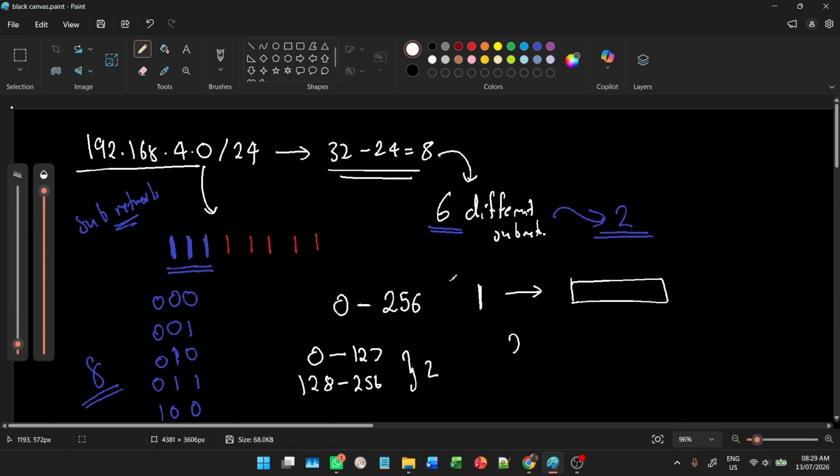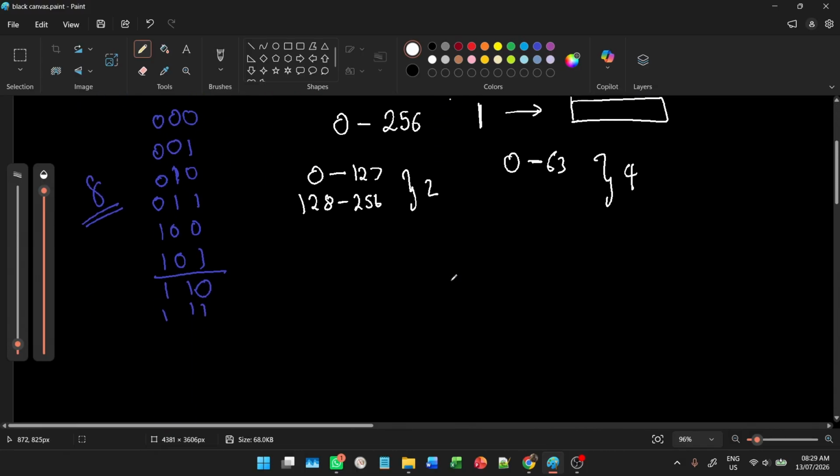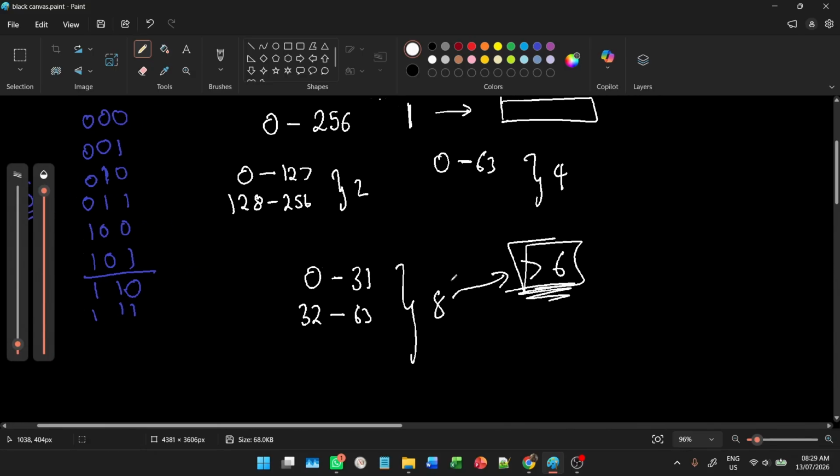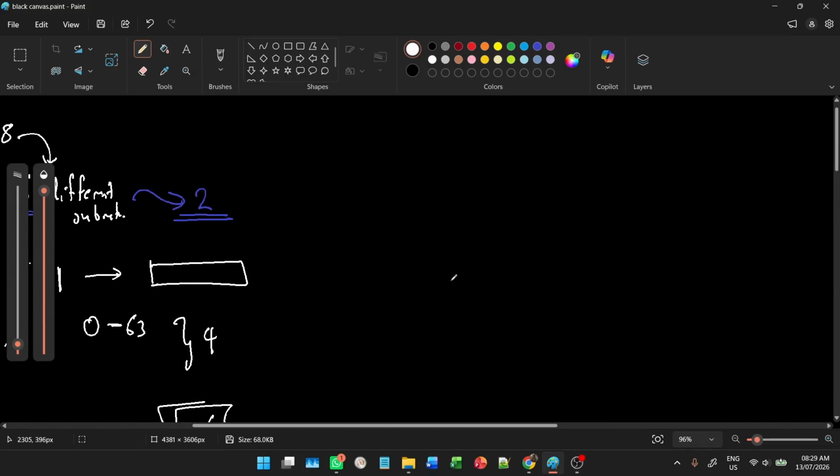Still not enough. 0 to 63, right? If we do that, we're going to get 4 blocks. Still not enough, right? But let's say 0 to 31, 32 to 63. If we do that, we're going to get 8 blocks. That means 8 is greater than 6, meaning that's enough for us to make addresses. So essentially, that is the thought process behind this.